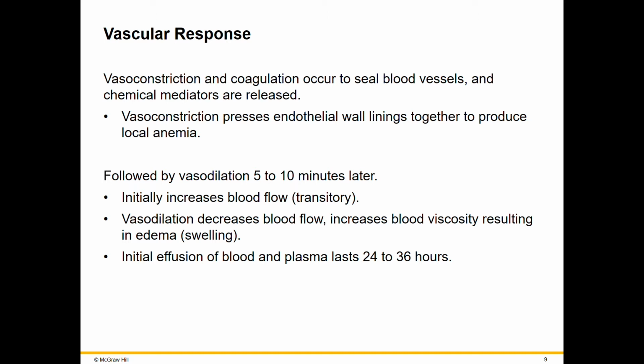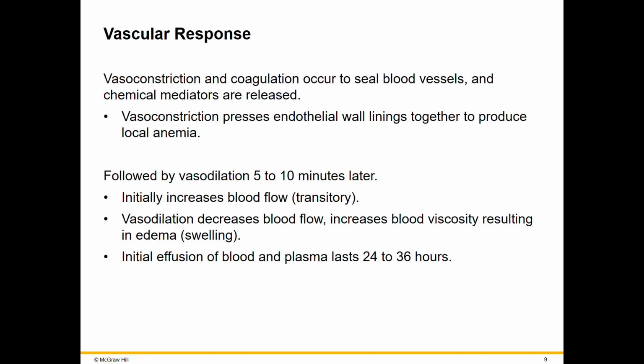The immediate vascular response to the tissue damage is going to be vasoconstriction of the vascular walls in the vessels leading away from the site of injury, and it's going to last between 5 and 10 minutes. This vasoconstriction presses the opposing endothelial wall linings together to produce a local anemia that is rapidly replaced by hyperemia of the area due to vasodilation.